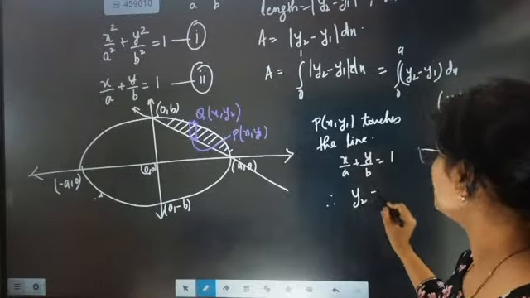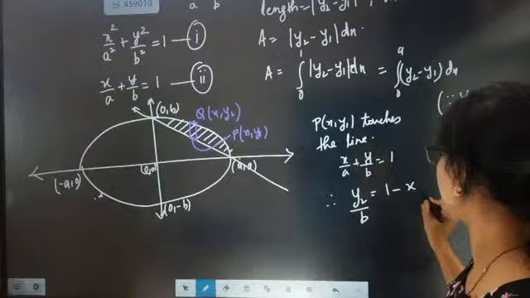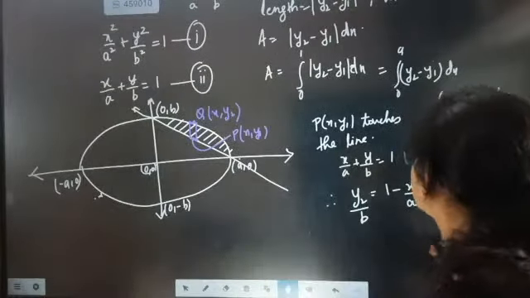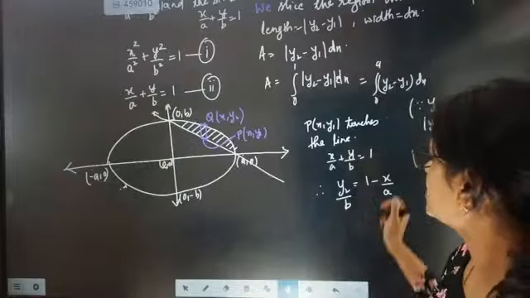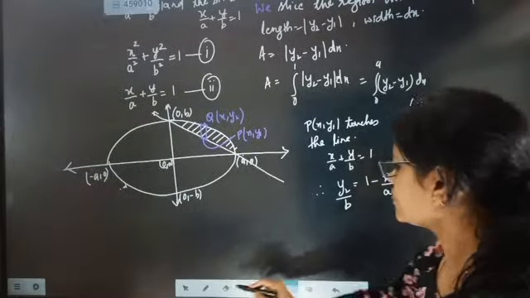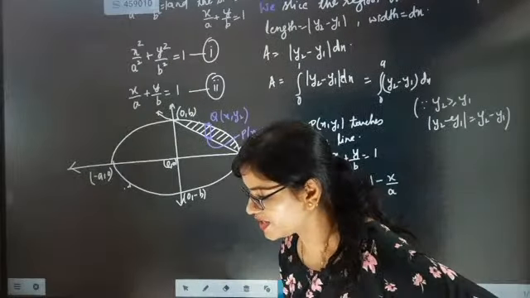Therefore y2/b will be equal to 1 minus x/a. This is a really critical part, where mistakes will come. So this part I am going to shift, and that's why I am writing and explaining in the center part itself.